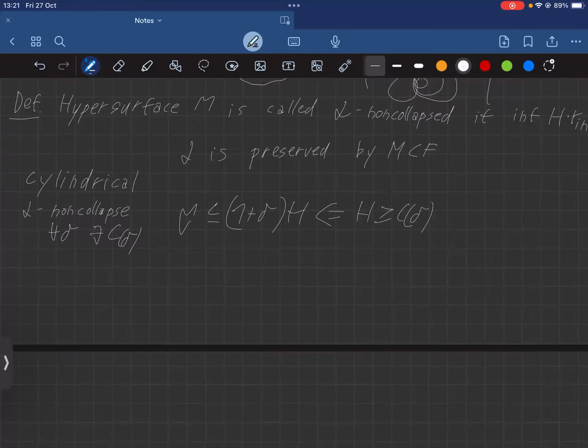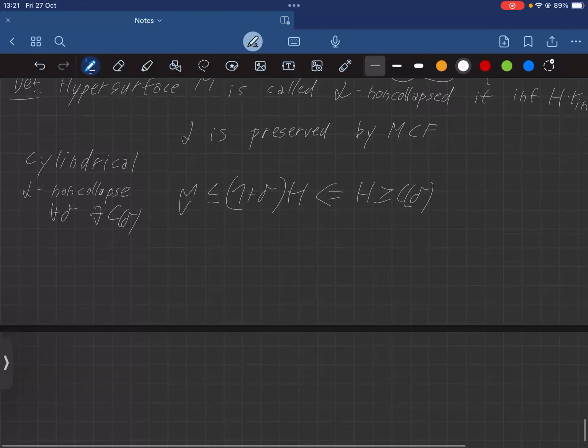Why is this a cylindrical estimate? Well, that's because on the cylinder, the 1 over inscribed radius is actually equal to H, the mean curvature.